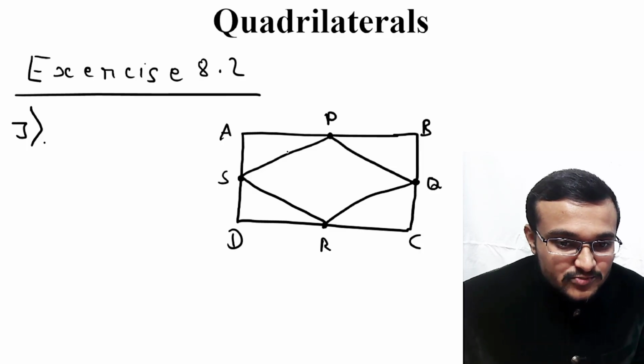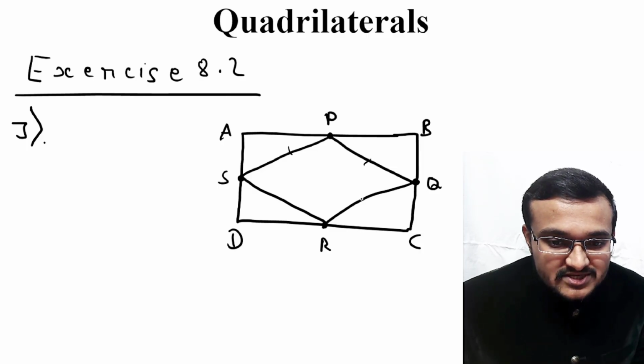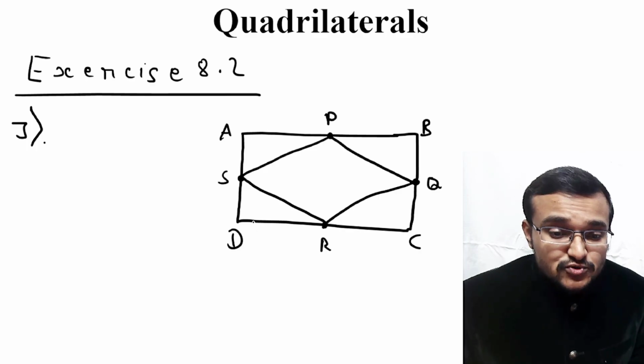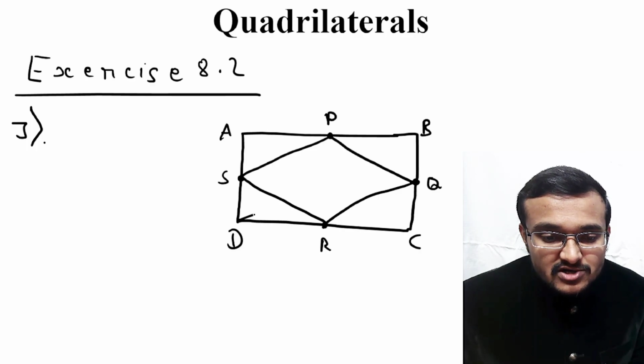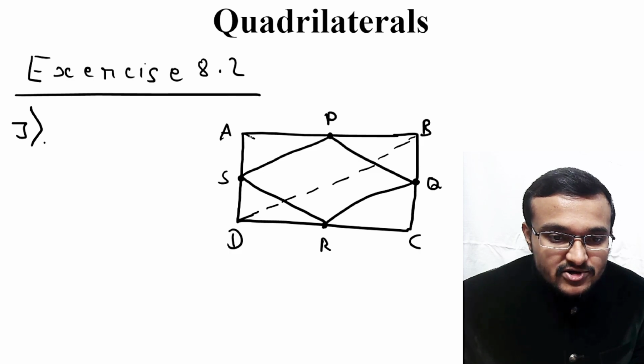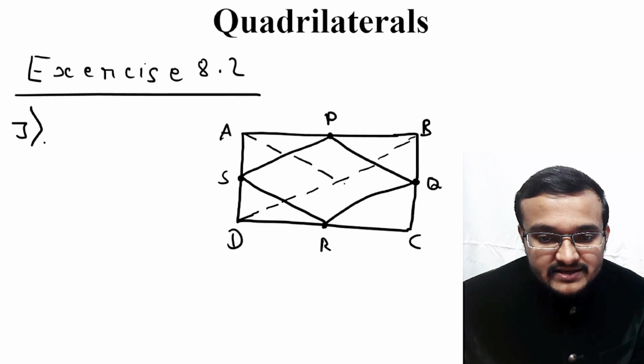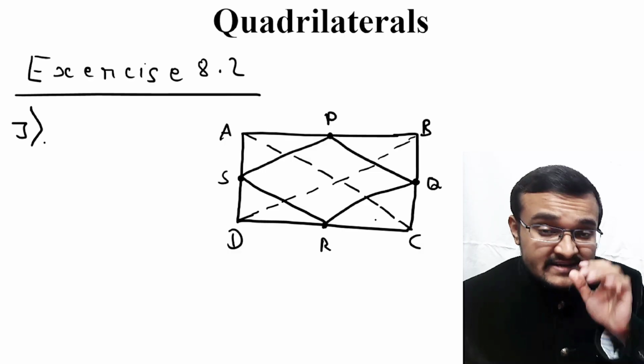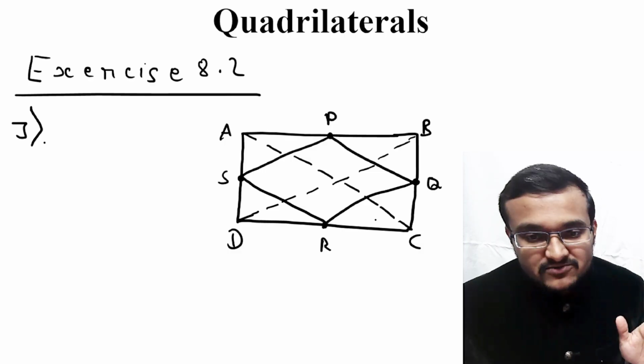So basically you need to prove PS is equal to PQ is equal to QR is equal to SR. So in order to prove this, we will try to draw the diagonals for this rectangle. So we'll draw the diagonal BD and we'll draw the diagonal AC. So one more thing you should remember, diagonals in a rectangle are always equal.